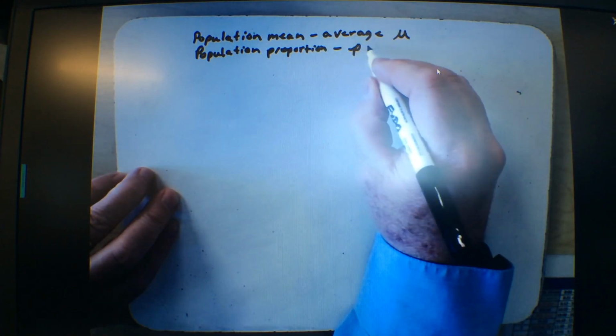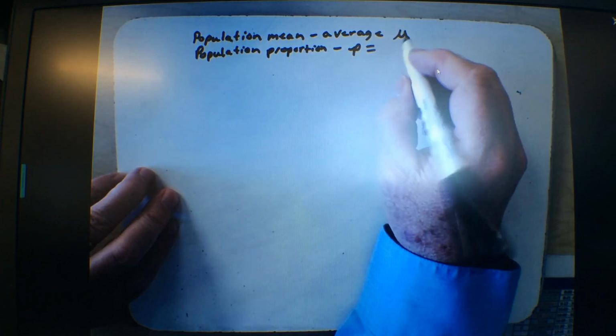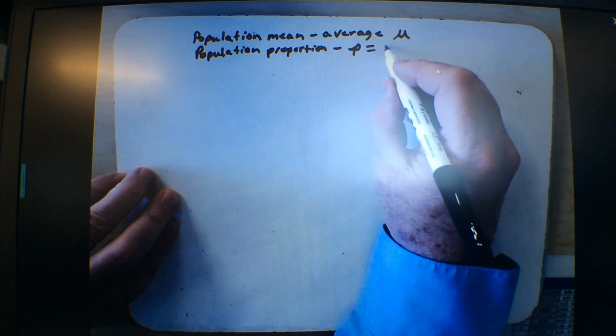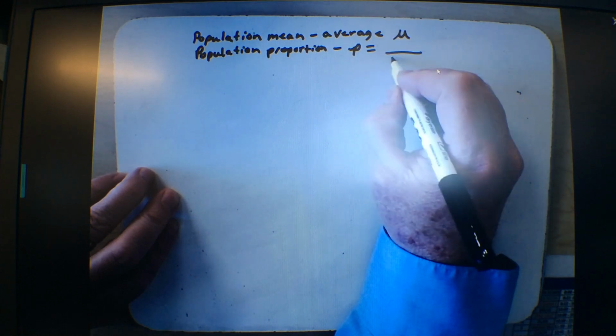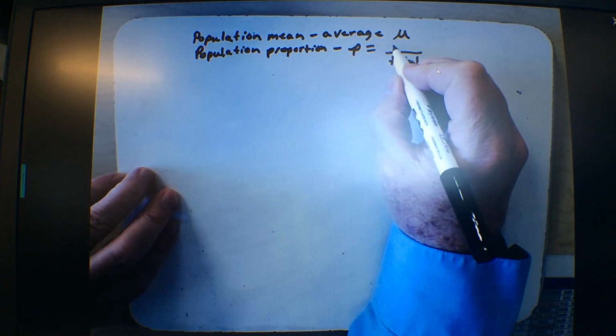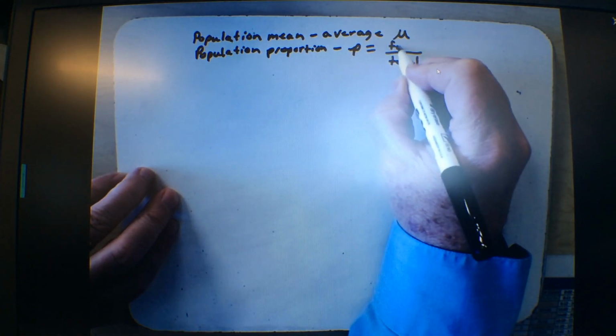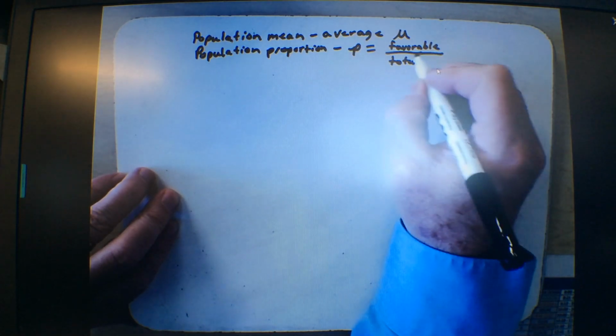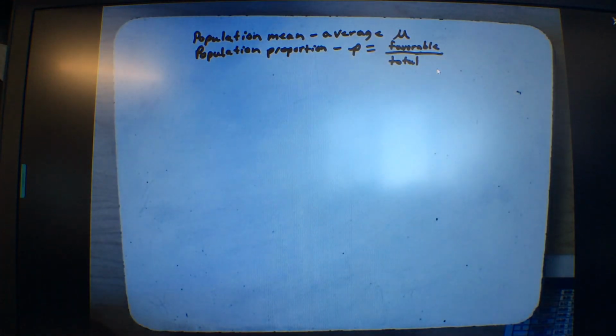It's the letter P equals what we wanted over the total population, but this would be what we call maybe a favorable. Do you remember that we use probability? So whatever we're looking for over the total is our population proportion.